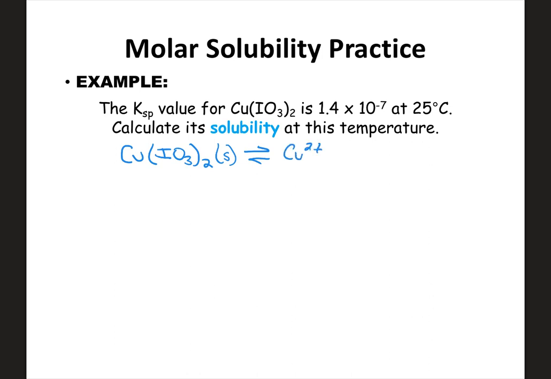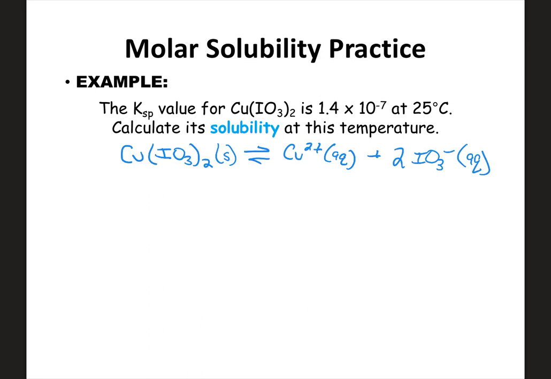So you have Cu2+, which would be aqueous, and 2 IO3 minus, which would also be aqueous here. All right, so that's the reaction we're essentially looking at. The solid compound is dissociating into its ions in water.